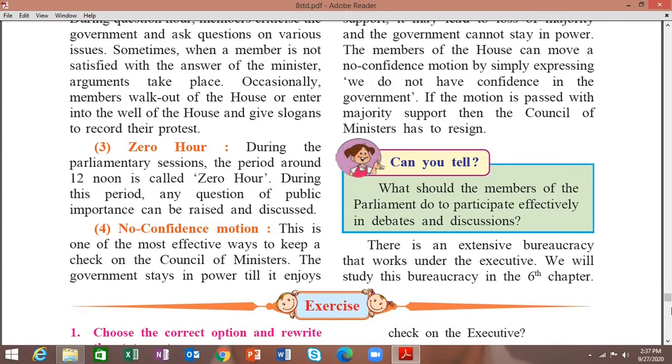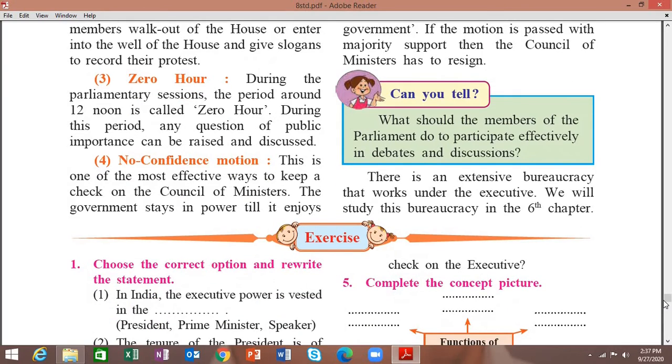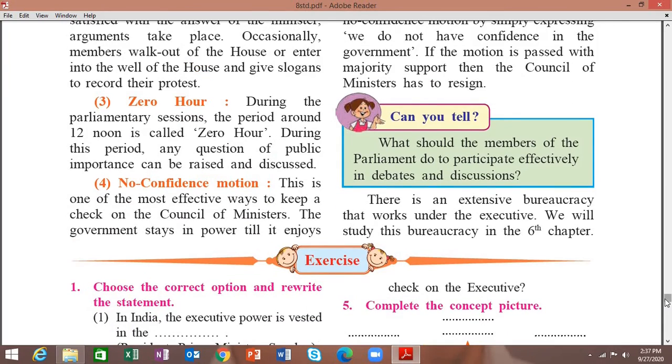During this parliamentary session, which is very important and takes place at 12 noon, it is called Zero Hour. During the Zero Hour, they can pose questions or they can take up for discussion matters of public importance, and they can raise the question and discuss it.